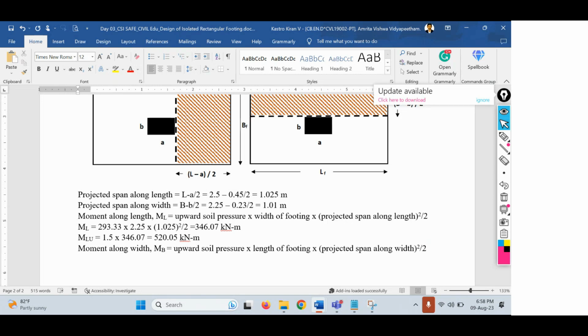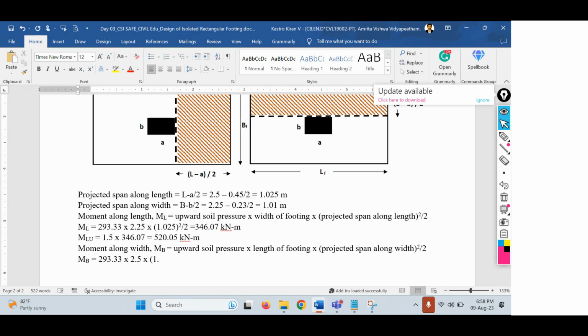So MB equals, we know the upward soil pressure is 293.33, into the length of the footing, 2.5, into the projected span along the width, 1.01.